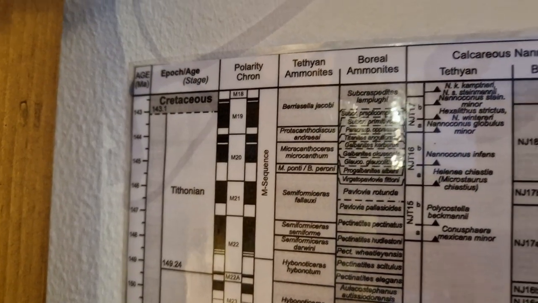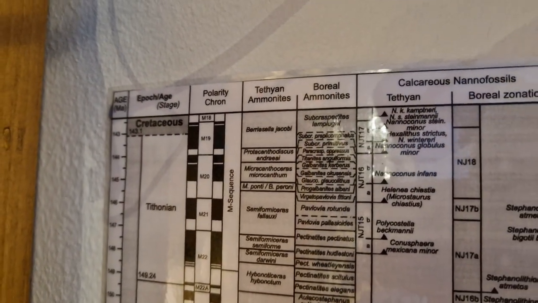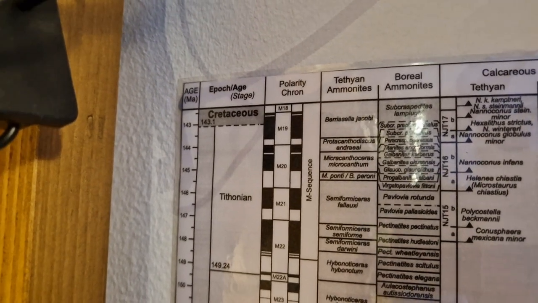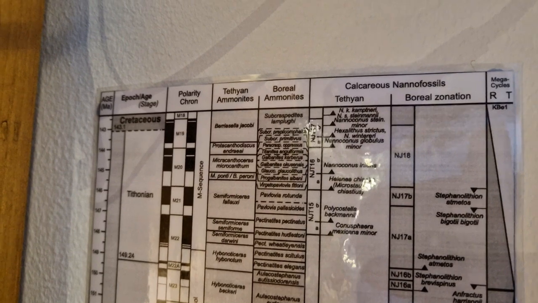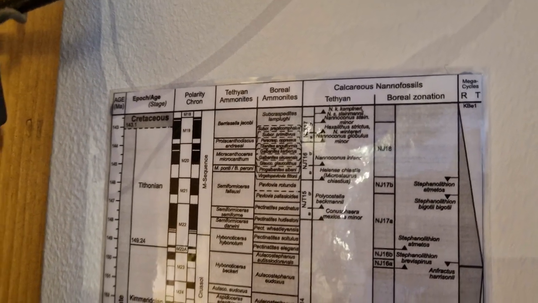All you need is a good chart that you can get off the internet with all the different subzones on, and a geological timescale to go along with it. And from that, you can usually extrapolate within a million years or so how old your ammonite is going to be. I like to use this lovely chart here. It's got a timescale on the side. It gives you the epoch, and the different ammonites that you can find within that epoch.